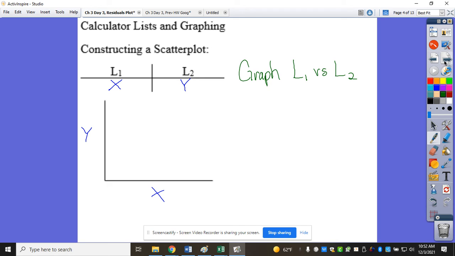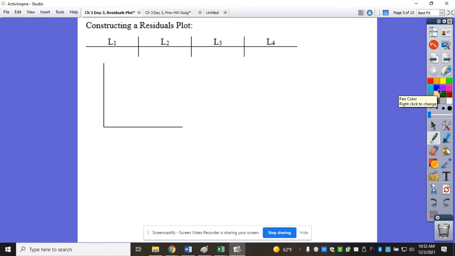All right, so we're going to build from that. We already have our x's in list 1. We already have our y's in list 2. If I need to find residuals, they are what minus what? Observed minus predicted.